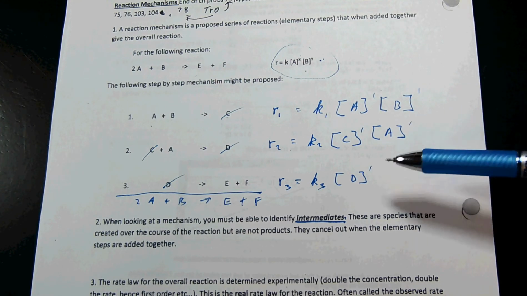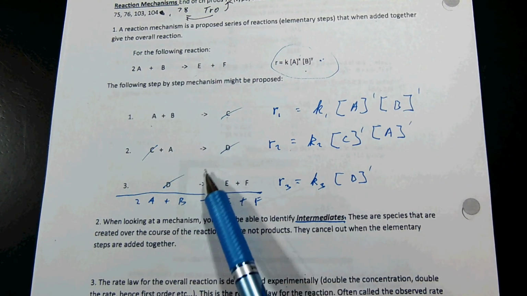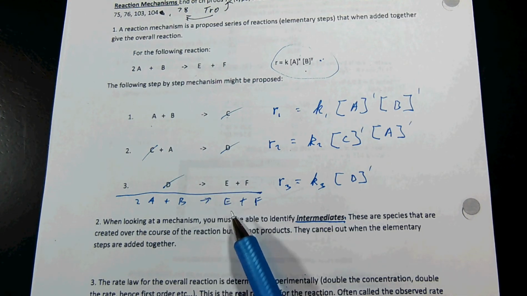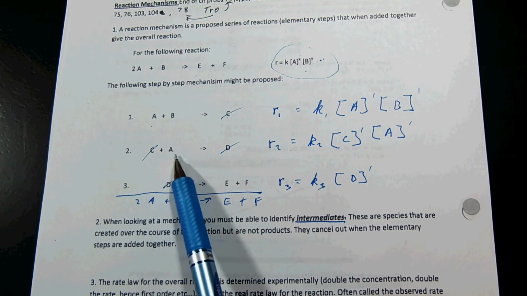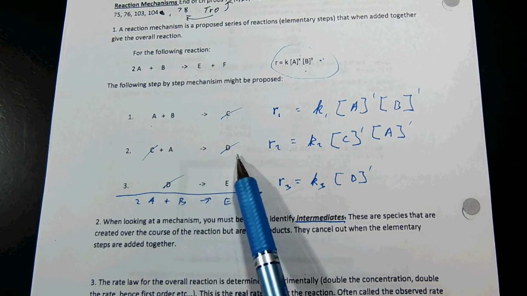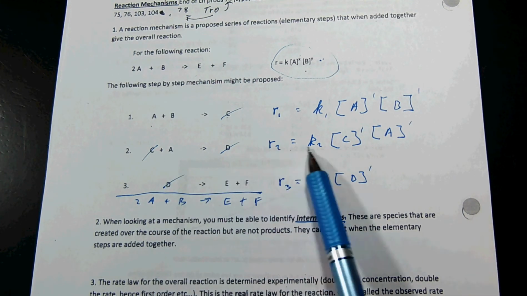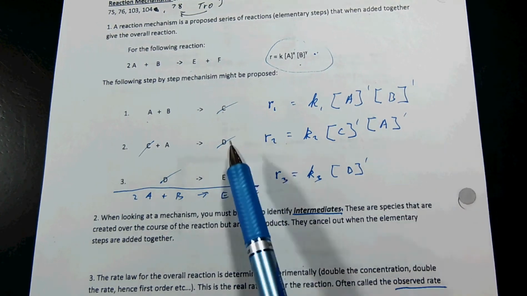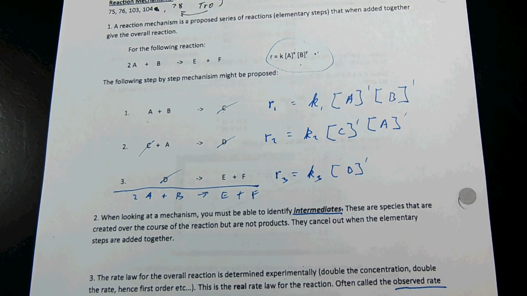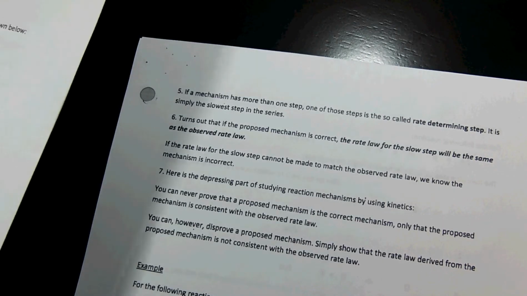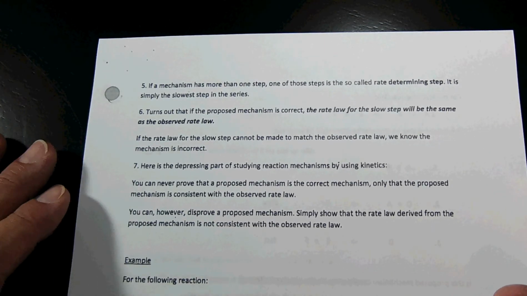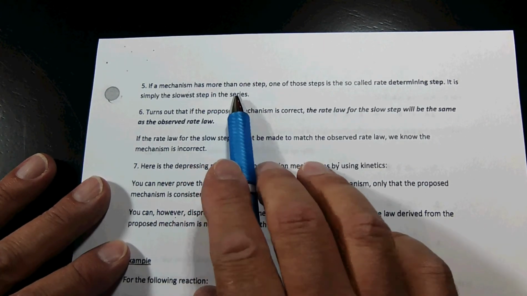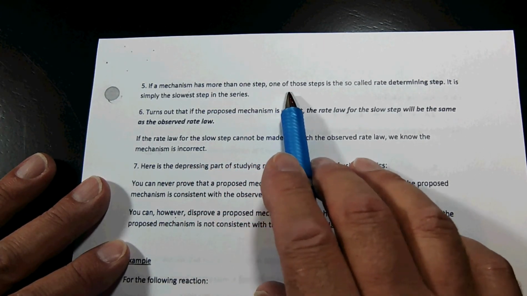We're saying we think maybe this is a mechanism that explains everything, and we know that we could write these rate laws if this reaction occurs, that would be the rate law. But we don't know that it occurs. It's fantasy land.